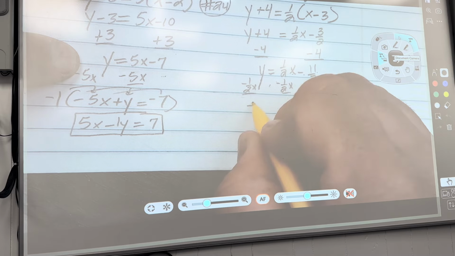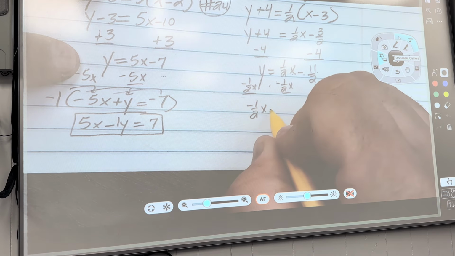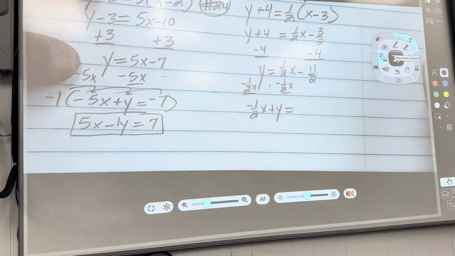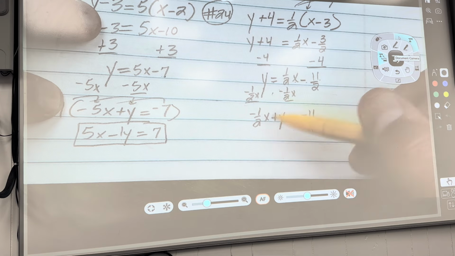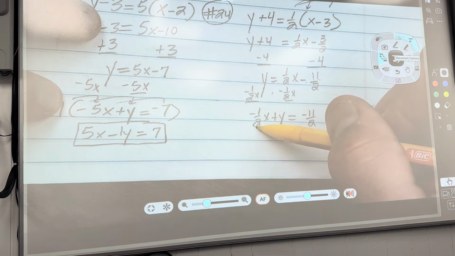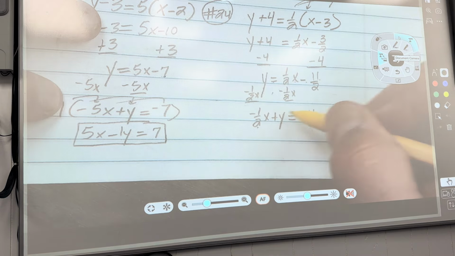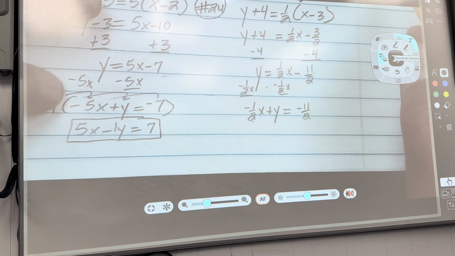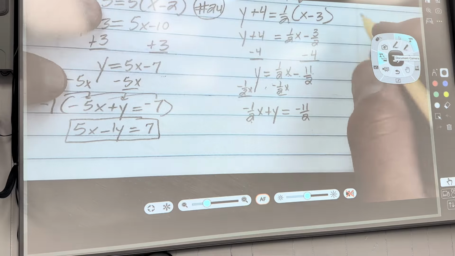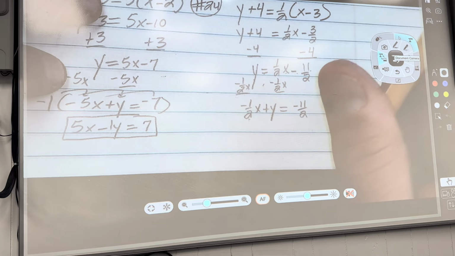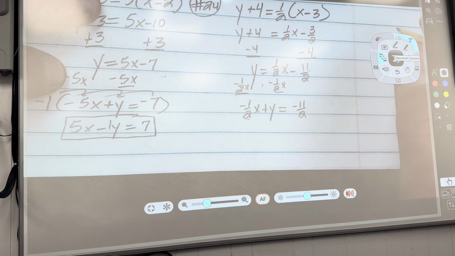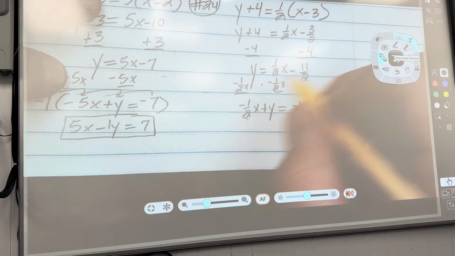You now have negative 1/2 x and positive y on the left side of the equal sign and negative 11/2 on the right side. Is A greater than or equal to 0? No. Are A, B, and C integers? No. We have rational numbers. What can we do? You can multiply by negative 1 or take it a step further, multiply by negative 2, which is the common denominator.